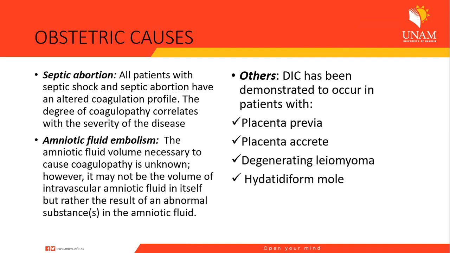So it's not so much the volume, but the abnormal substances that you find in amniotic fluid, which lead to a cascade of coagulopathy. Others such as placenta previa, placenta accreta, degenerating myoma coexistent with pregnancy, and molar pregnancies are other causes of obstetric DIC.